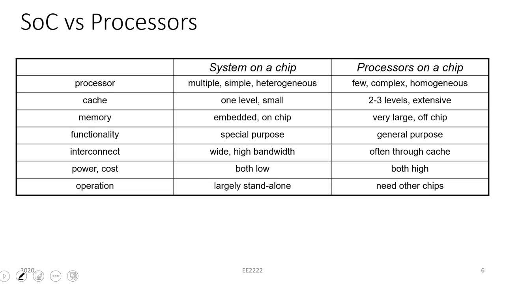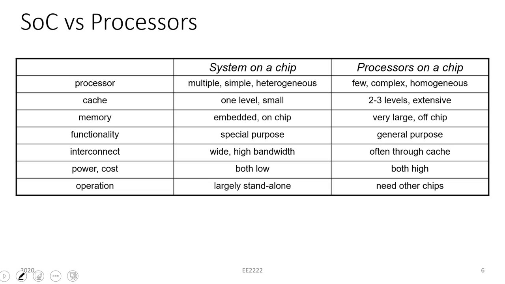When we think about power and cost, system on a chip devices are generally low cost and low power compared to processors that may require more power and could be more expensive.